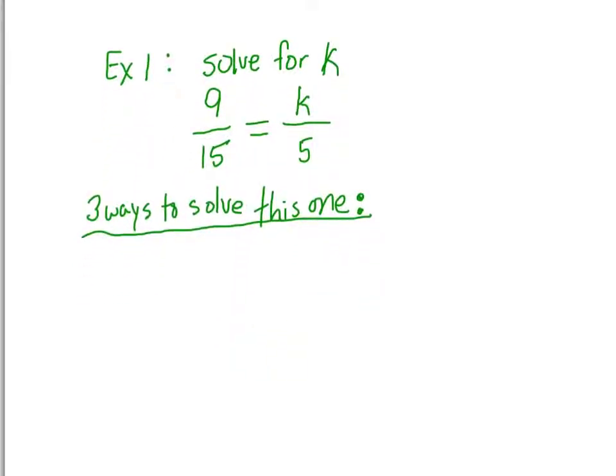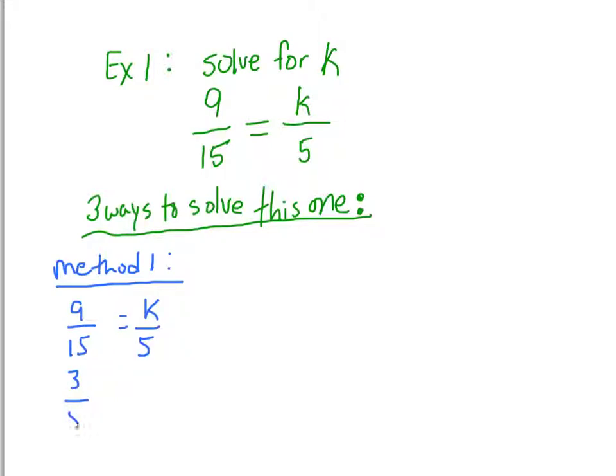So here's an example of a proportion. You have 9 over 15 equals k over 5. And we are going to solve this proportion. There are several ways we can do this. The first way would be to notice that the first fraction is actually an unsimplified fraction, so that we could take 9/15 equals k over 5 and cancel out the common factor of 3, so that this would be 3/5, and now we for sure know what k is.